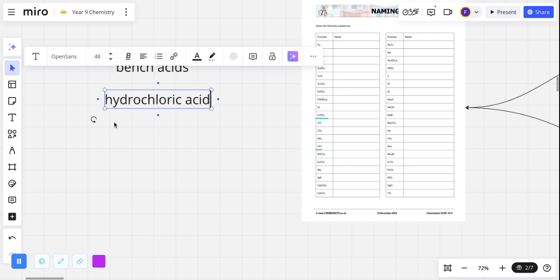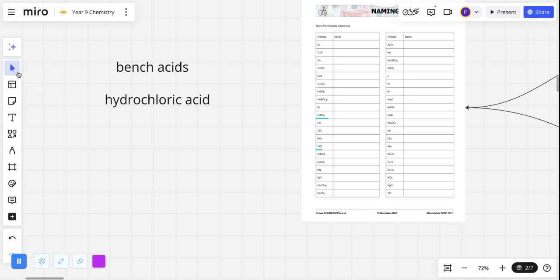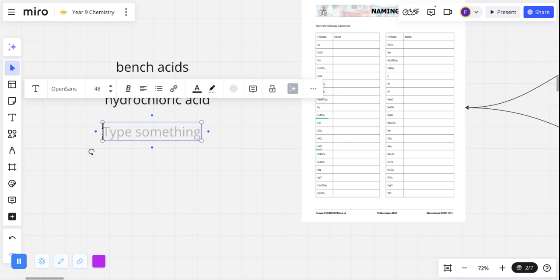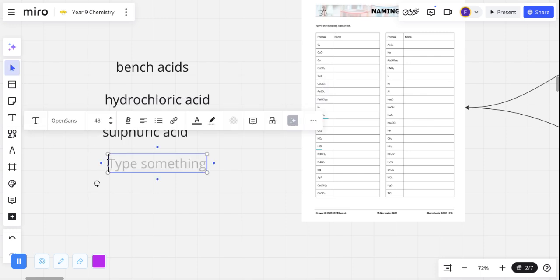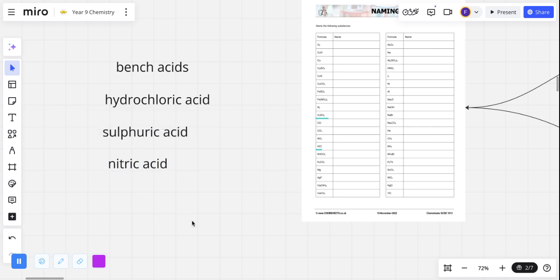It is the one with probably the hardest kind of name to associate with what we call salts. We might have a look at them today, if not next session. But it's the easiest acid to really work with. We've got sulfuric acid and we've got nitric acid. These are your bench acids that you will use in a science lab.